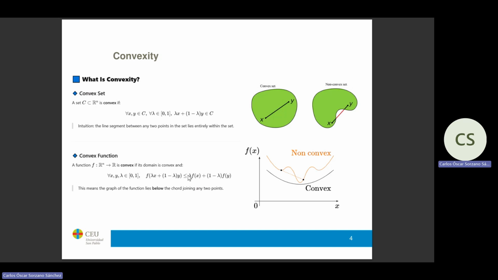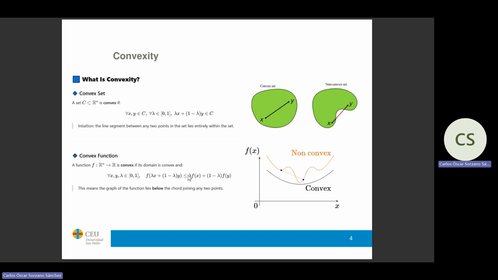If you take a lambda between 0 and 1, and you do lambda x plus 1 minus lambda y, for lambda equal 1, you are at x, because this term is 0. For lambda equals 0, you are at y. And for lambda between 0 and 1, you are somewhere between x and y. So if the full segment is contained within the set, then you say it is a convex set.